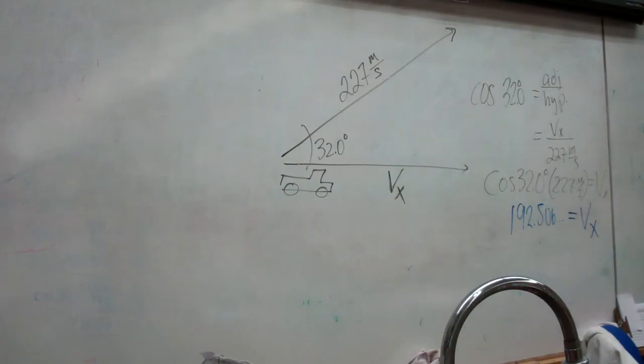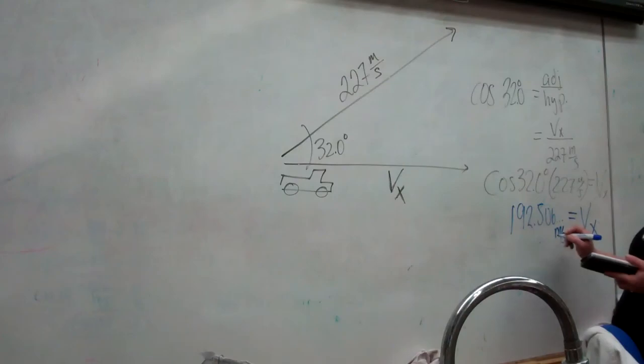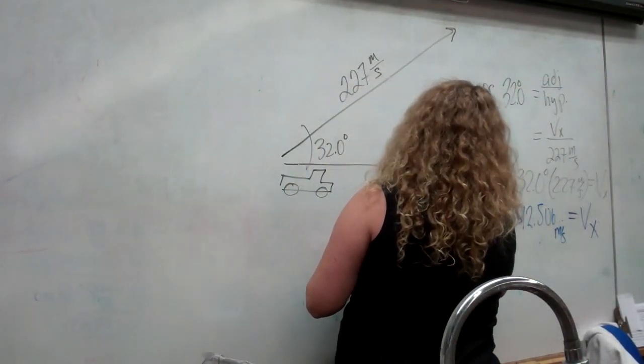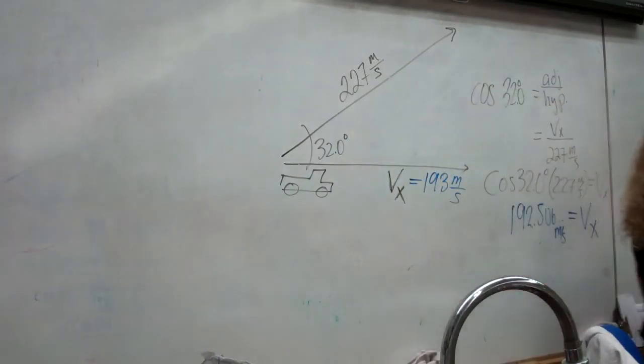Sig fig, we would have 193. What are our units here? Meters per second. So v sub x equals 193 meters per second. If you're driving a truck under the plane, that's how fast you have to be going in order to stay directly under the plane. I think you better have jet packs on that truck.